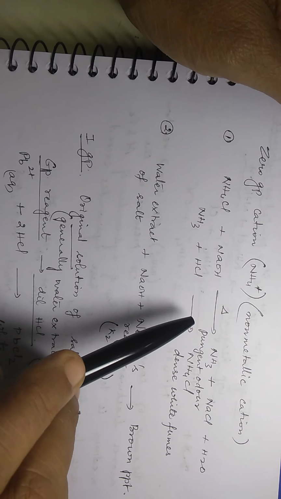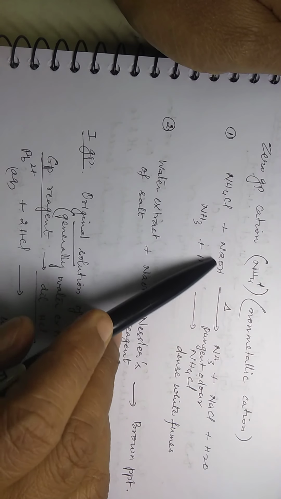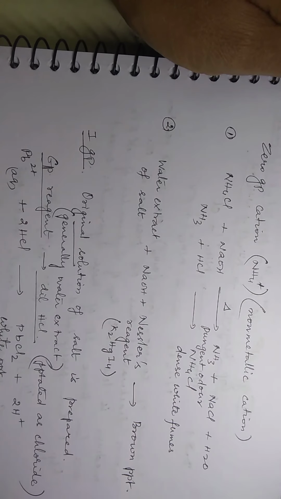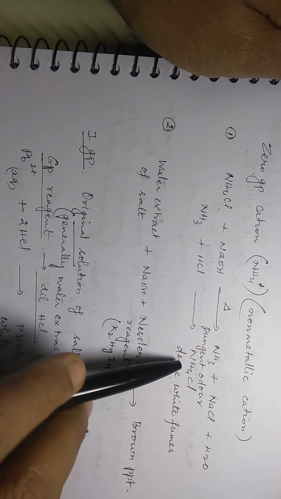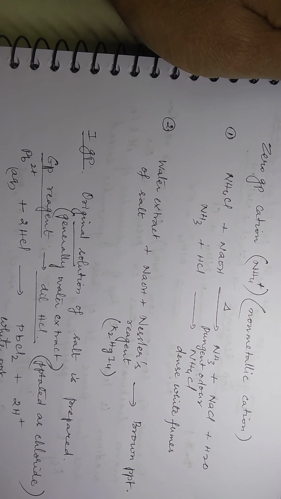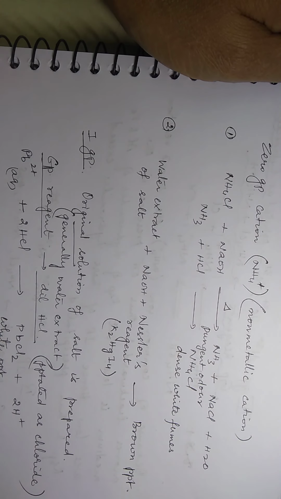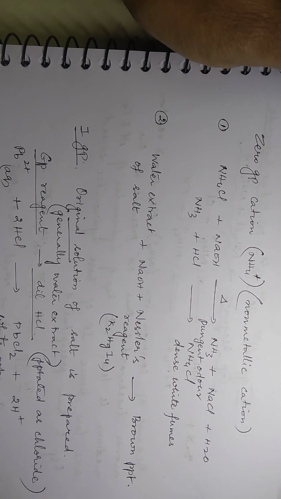When such a smell is observed, you dip a glass rod in concentrated HCl and bring it near the mouth of the test tube from where ammonia gas is coming out. It will give you dense white fumes of ammonium chloride. This will tell you that your salt is an ammonium salt.